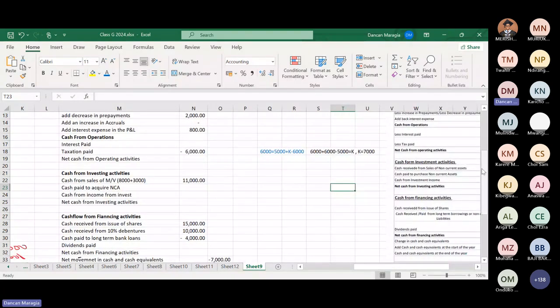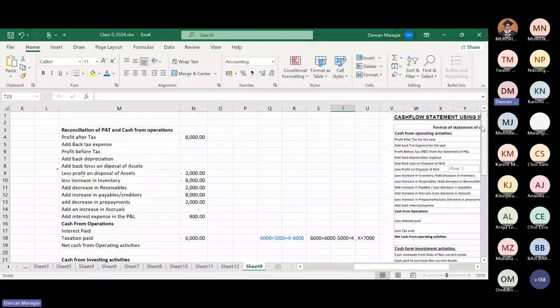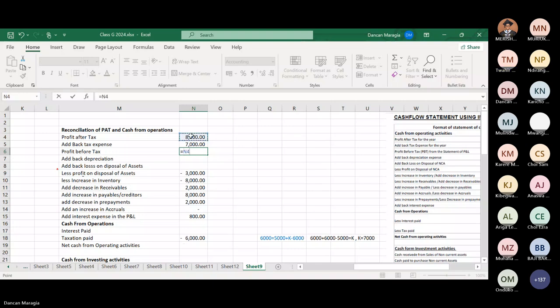You see, when you are given one, the other is missing, correct? So add back tax expense of 7,000. So profit before tax was probably how much? 15,000.